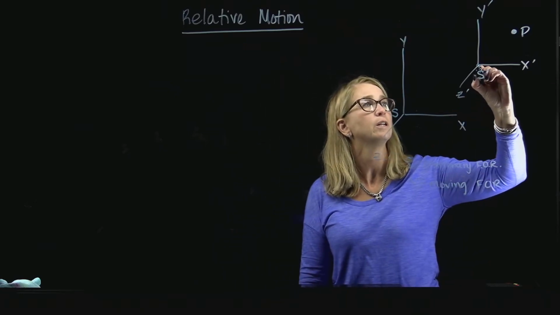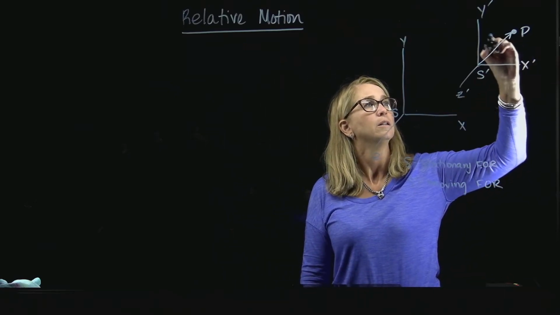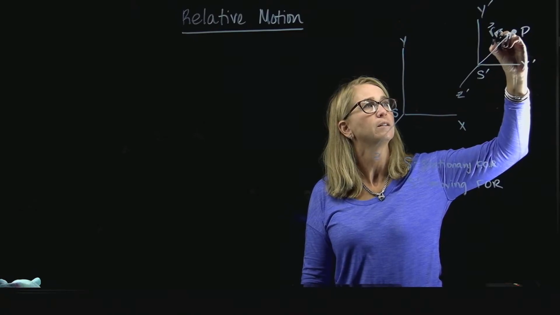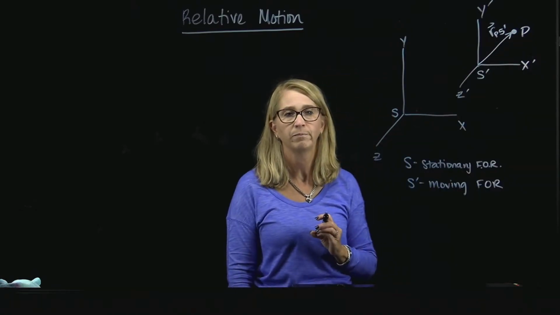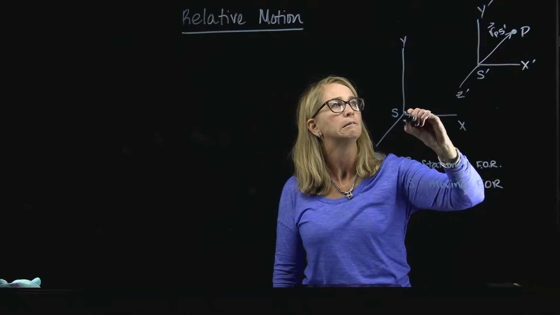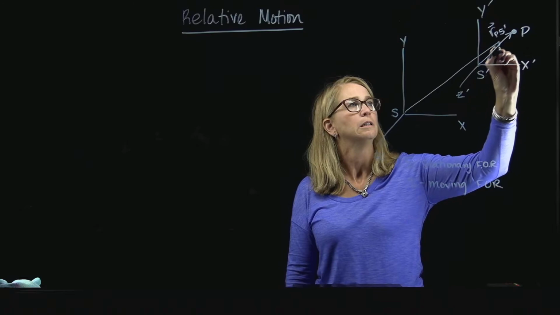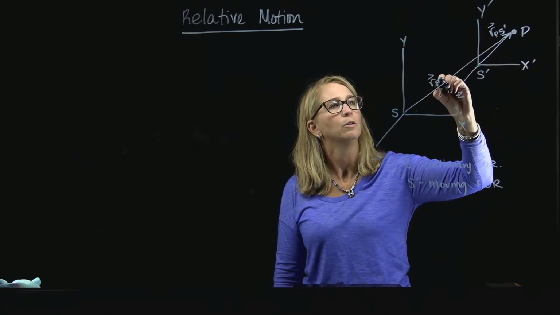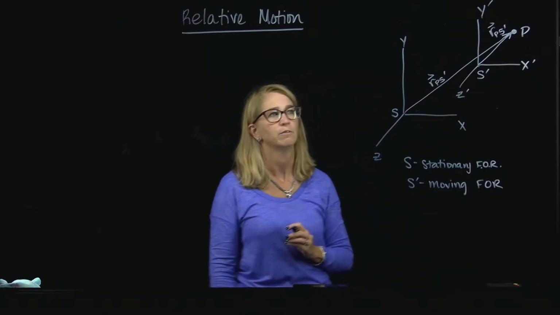So I can measure point P with respect to 2 different origins. I might measure the point P with respect to S prime, or I might measure point P with respect to the stationary frame of reference.